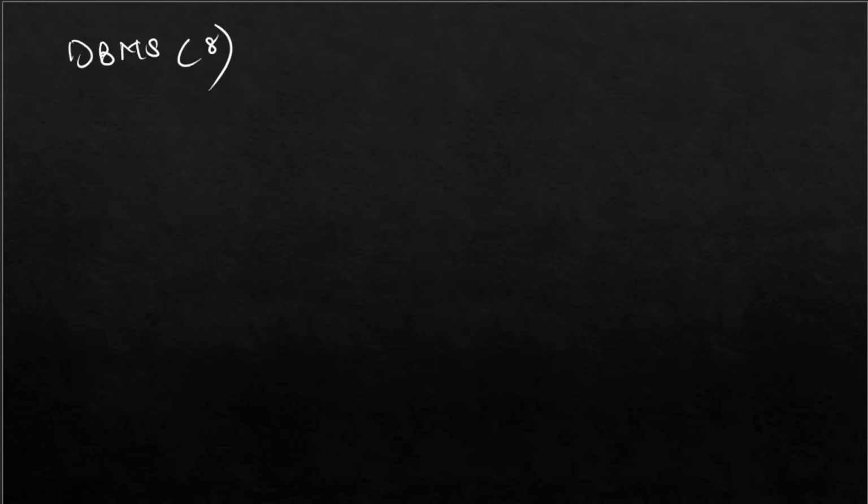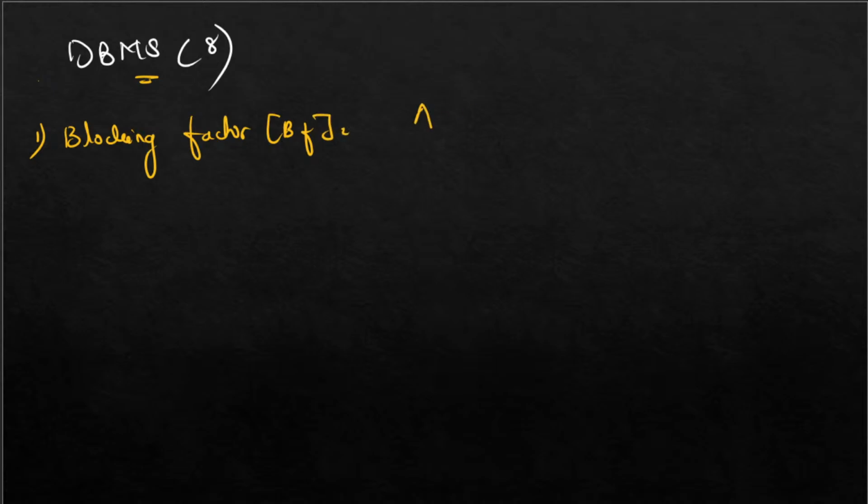Now let's get started, everyone. So let's revise DBMS quickly. The very first is blocking factor. So blocking factor, which is BF, is the average number of records per block.